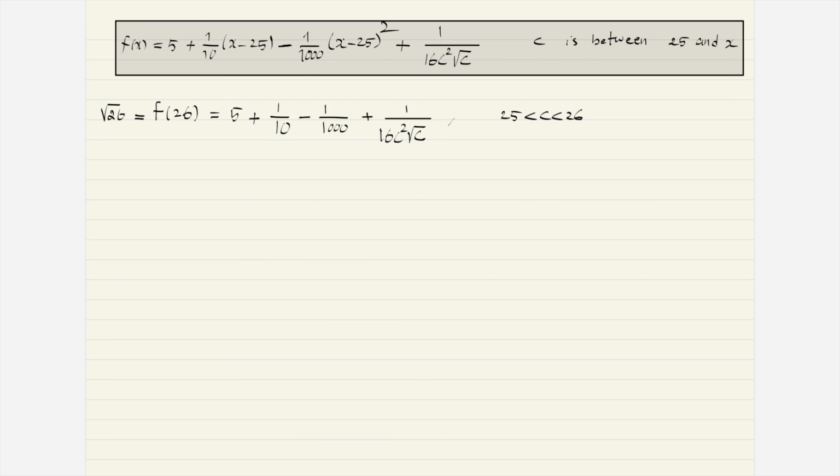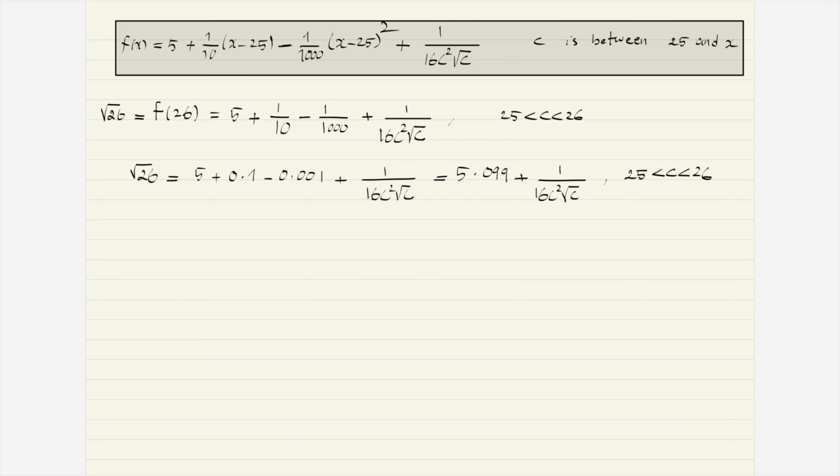Okay, but this is easy to calculate. So the square root of 26 is equal to 5 plus 1 over 10. So let me write it as 0.1 minus 0.001 plus 1 over 16 c squared square root of c, which is equal to 5 plus this one minus that one, becomes 5.099 plus 1 over 16 c squared square root of c, and c is between 25 and 26.